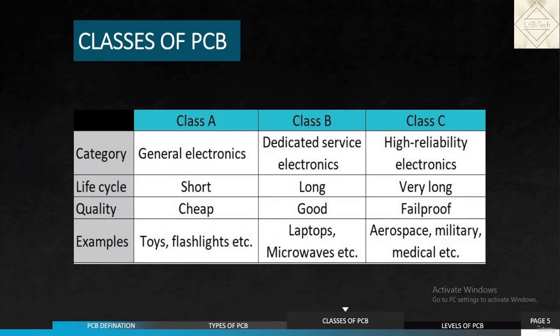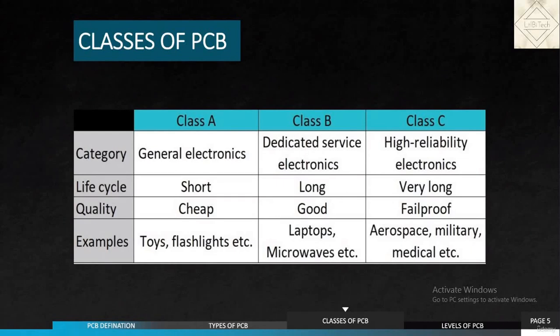Generally, we define general electronics which have a short life cycle and cheap quality as class A or class 1 PCBs. For example, toys and flashlights are examples of class A PCBs.